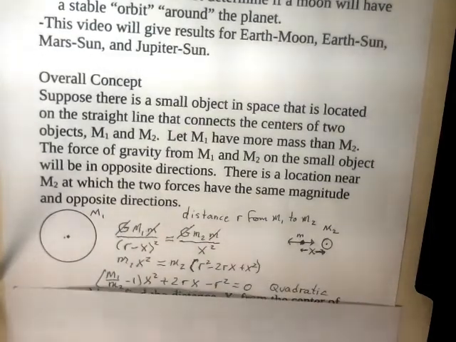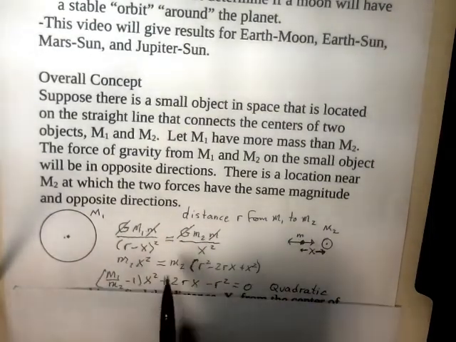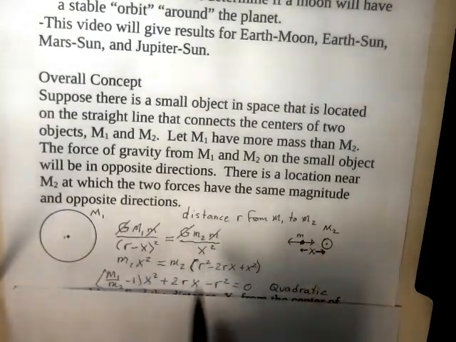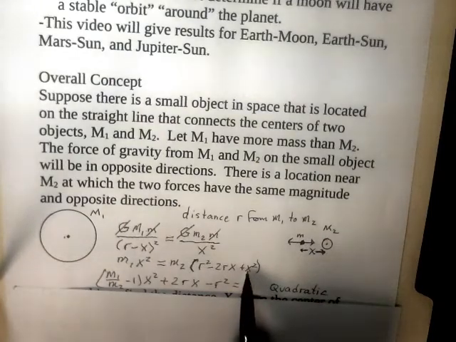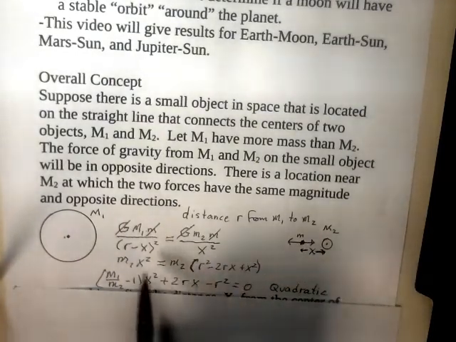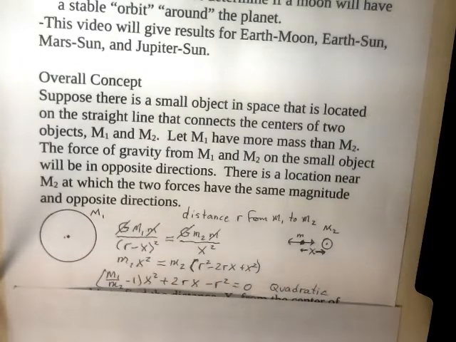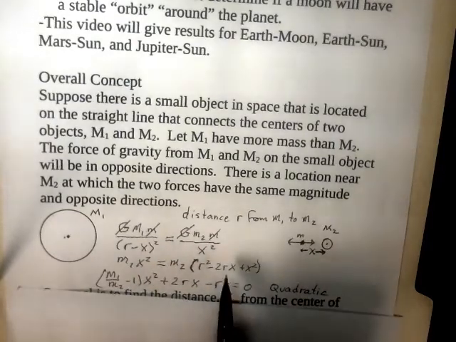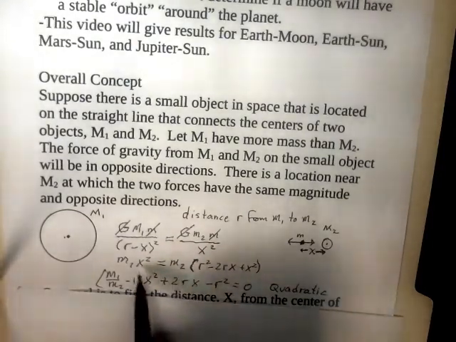And then we can gather like terms. If I divide both sides by M2, I'd have M1 over M2 times X squared here. I have an X squared here that I'm going to subtract from both sides. So it leaves me with a coefficient M1 over M2 minus 1 times the X squared. The 2RX, I add that to both sides.